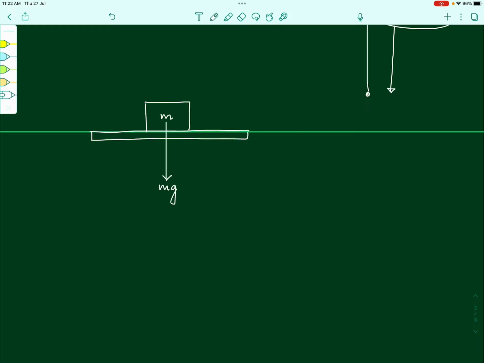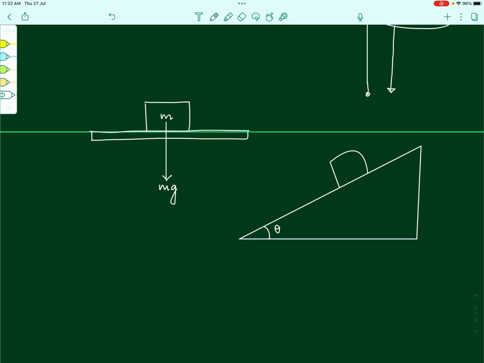On the other hand, if you have the same block kept over an inclined surface, and let's say you know the angle of inclination as well, this angle is theta, and the block is kept over here on this inclined plane.